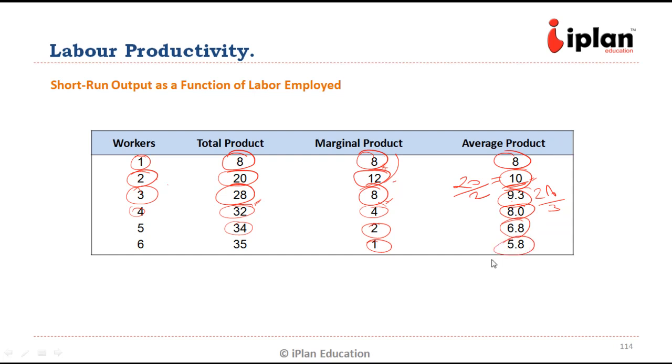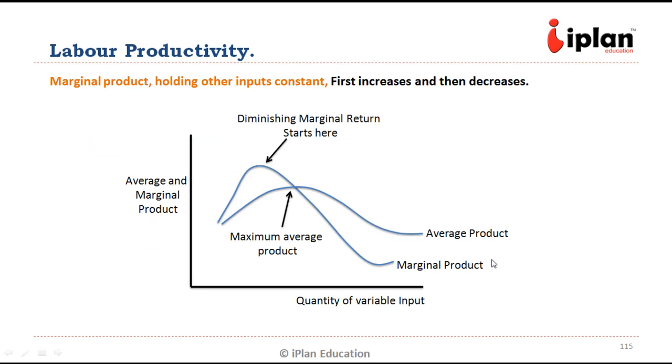Now let us look at that in terms of a graph. Marginal product, assuming that everything else is constant, first increases and then decreases. So this is our marginal product. It is going up first and then it is coming down. And if we look at the average product, that will also behave in the same way. The only difference is it will be slightly delayed.